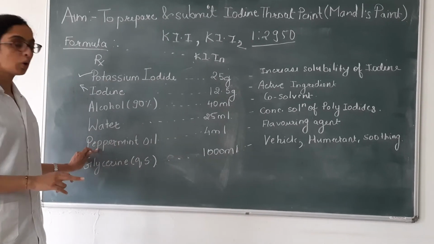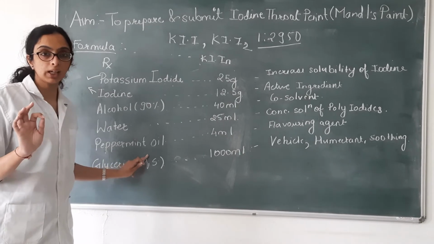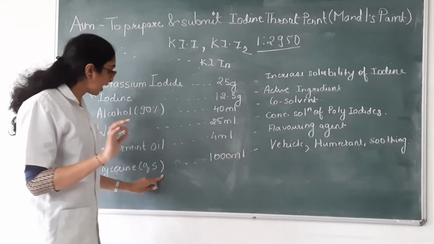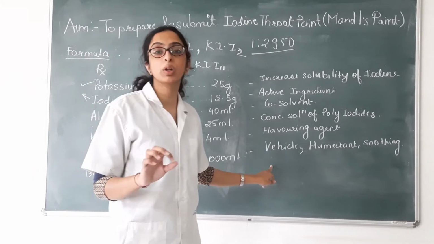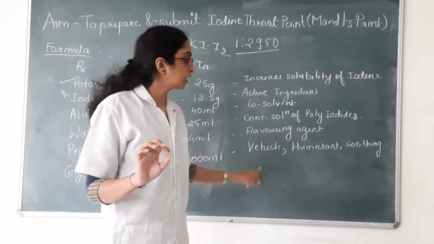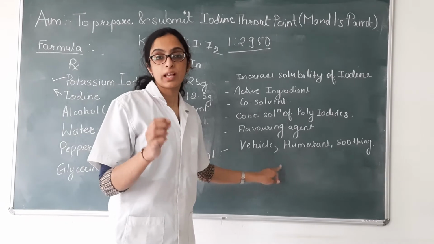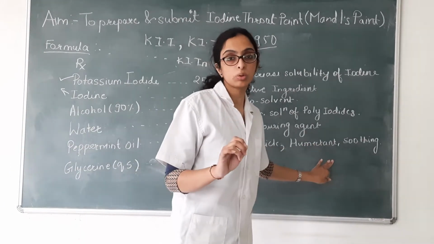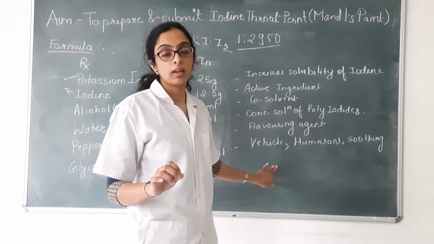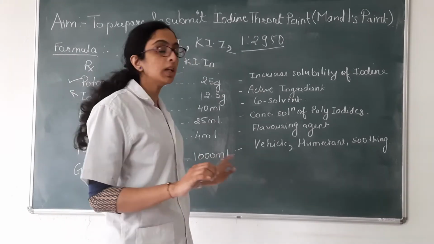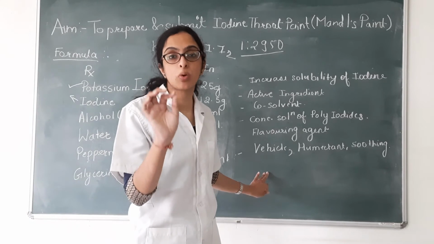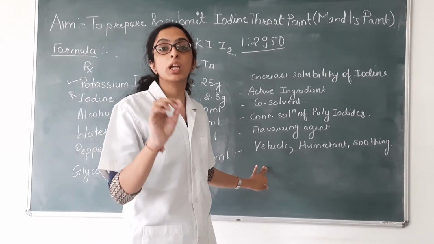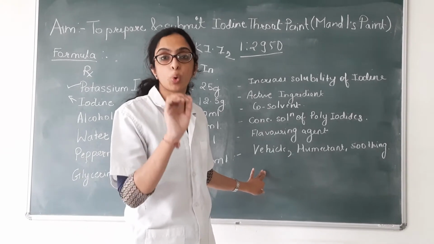Then peppermint oil acts as a flavoring agent, and last is the glycerin. Glycerin has multiple functions. First of all, it acts as a vehicle, it is a humectant, it has a sweet taste, and it is soothing to the throat. In addition, due to its viscosity, it helps the preparation adhere to the infected area where the throat infection is.